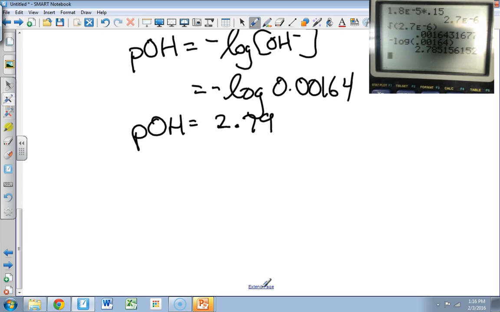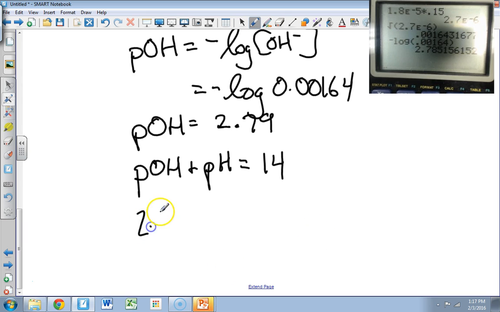Now, we're still not done because we don't have the pH. So let's calculate the pH. What we know is that pOH plus pH should equal 14, and this math is fairly straightforward.